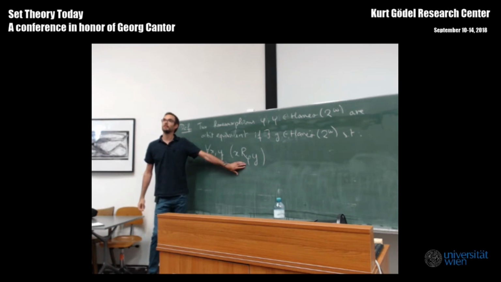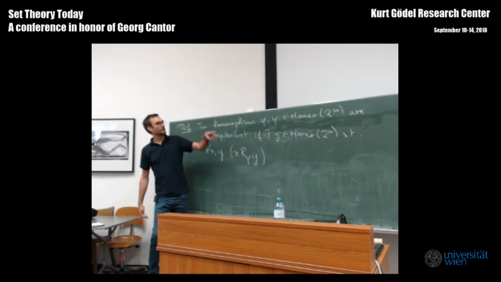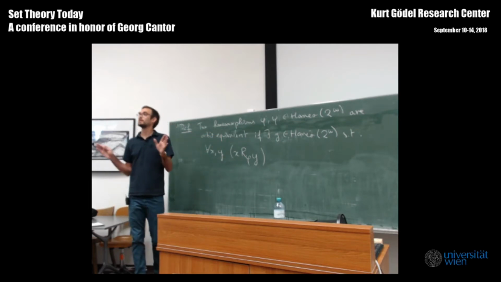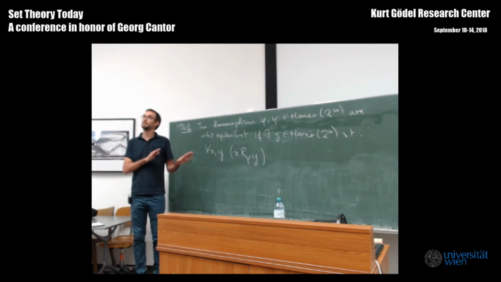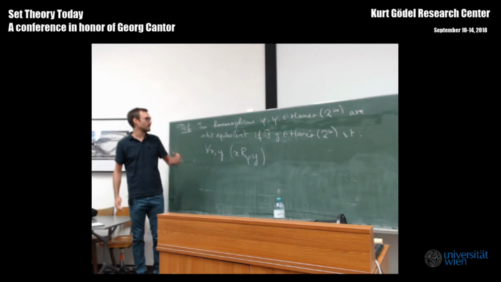R phi means that there exists some n such that x is equal to phi n of y, or y is equal to phi n of x. So this is the equivalence relation associated to phi. And if you remember our definition of a full group, it really only depends on the orbit. So it's only something that depends on the equivalence relation. So that's what I'm looking at.